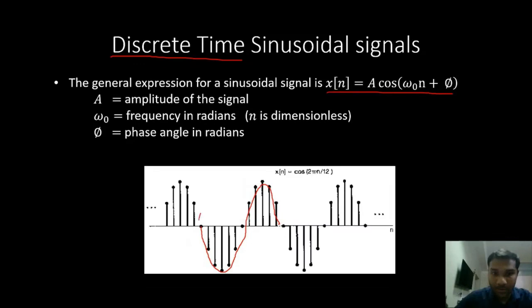So from this point, this is the first sample, second sample, third sample, fourth sample, fifth, sixth, 7, 8, 9, 10, 11, and 12. Again we are getting the first sample, so we will not count this. So there are 12 different samples that keep repeating again and again. The same thing is repeating again. So the period of this signal is 12, right?